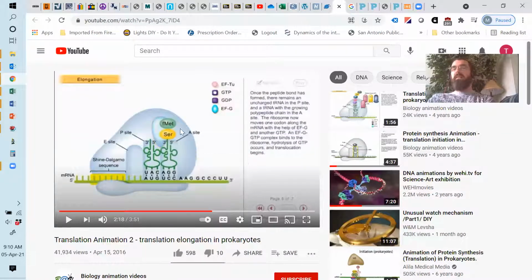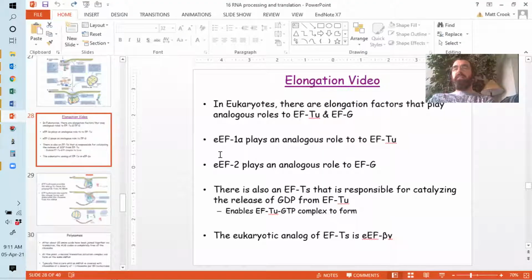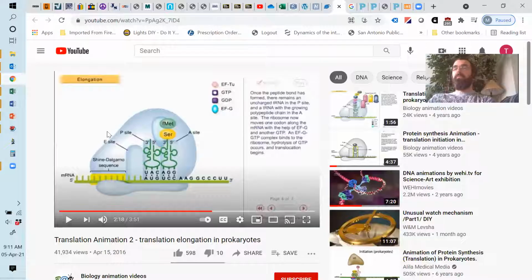Okay, so now that we have this, now we need to move the whole complex along by one codon. And that's carried out again with the use of the energy in GTP, and a second elongation factor called EFG, right? And its analogous one is EF2 in eukaryotes.